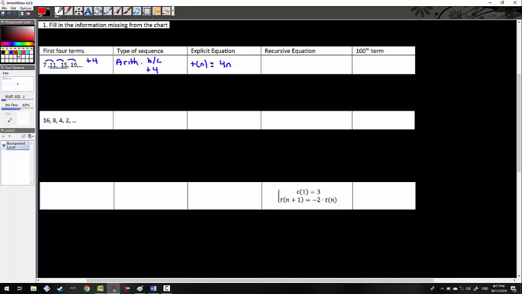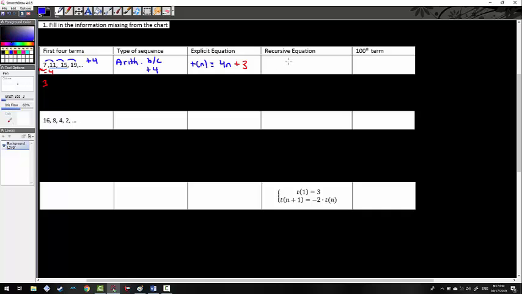If we're adding 4 to move to the right, that means I'm going to have to subtract 4 to move to the left, which makes my 0th term 3. So that means my explicit equation is t of n equals 4n plus 3.